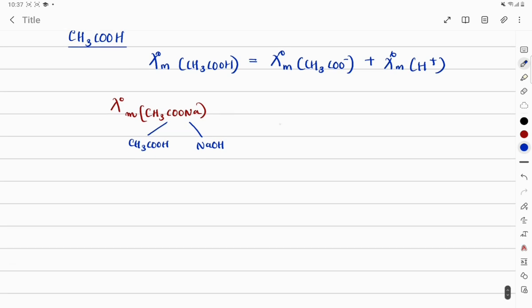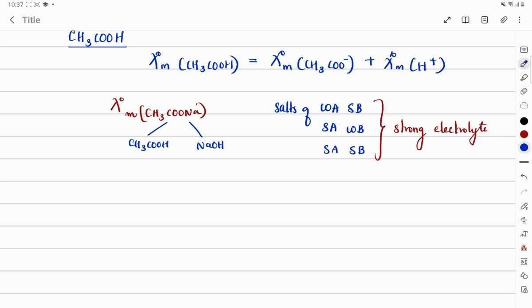In general, salts of weak acid and strong base, strong acid and weak base, and strong acid and strong base, these three are going to be strong electrolytes, and that of weak acid and weak base will constitute a weak electrolyte.